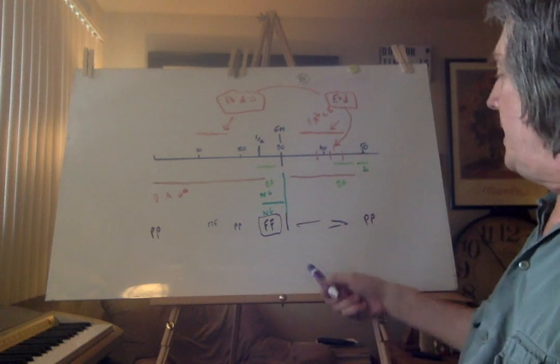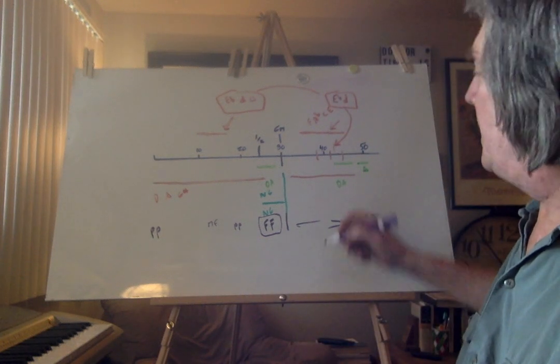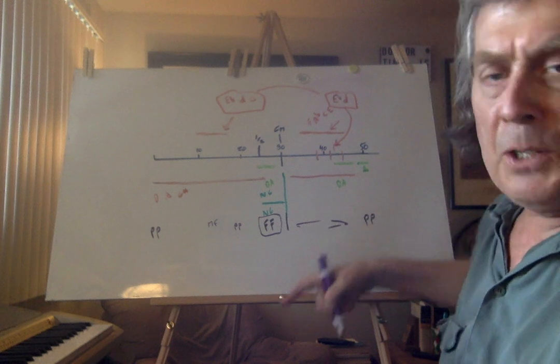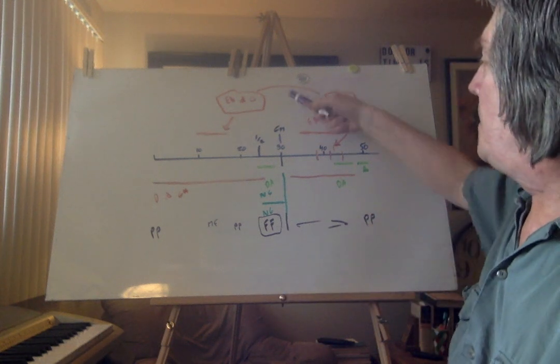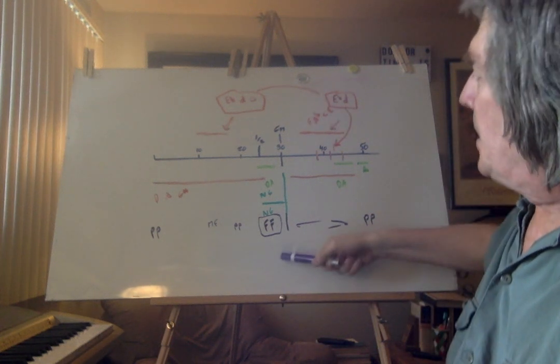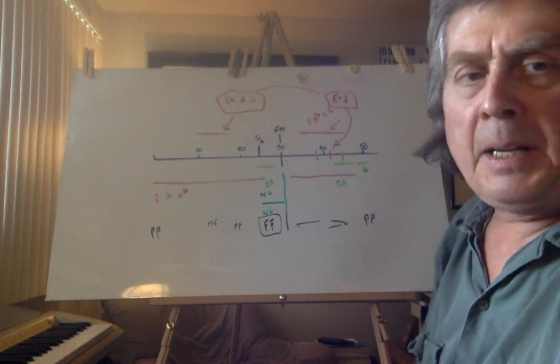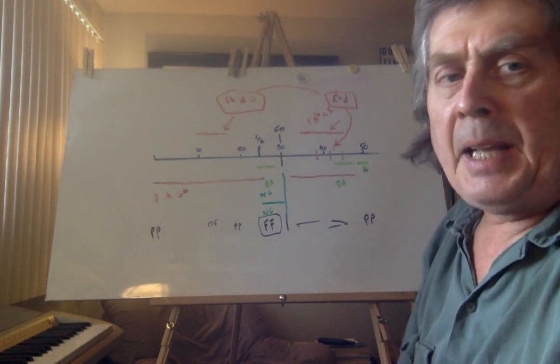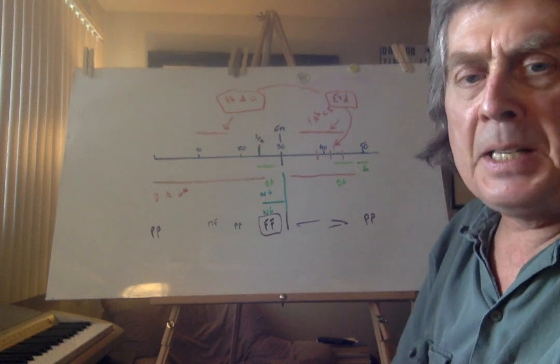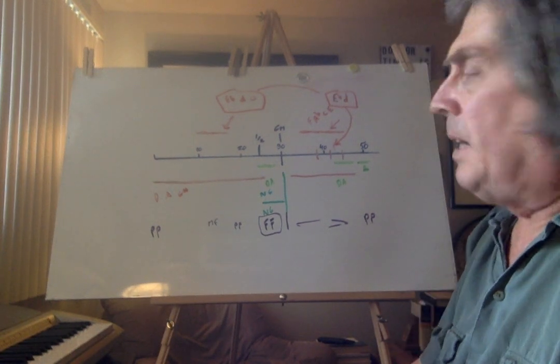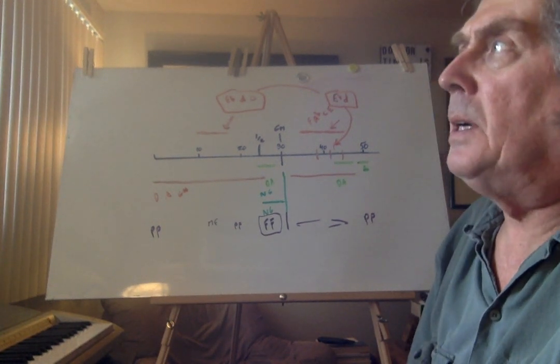So I find that rather interesting, that the loudest part of the piece is also at the golden mean, which is also where the simultaneous presentations of the notes of the Neapolitan chord appear.